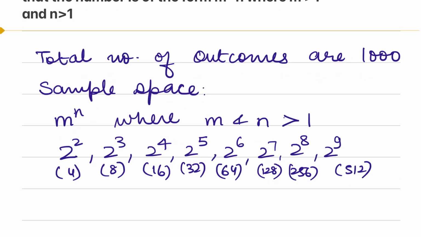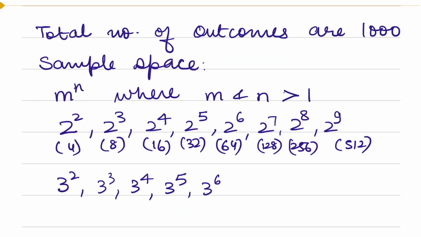Now we can take m as 3. 3 raised to the power 2, 3 raised to the power 3, 3 raised to the power 4, 3 raised to the power 5, 3 raised to the power 6. 3 raised to the power 7 will be more than 1000. Let's write down these values also. So we have 9, 27, then 81, 243, 3 raised to the power 6 is 729.